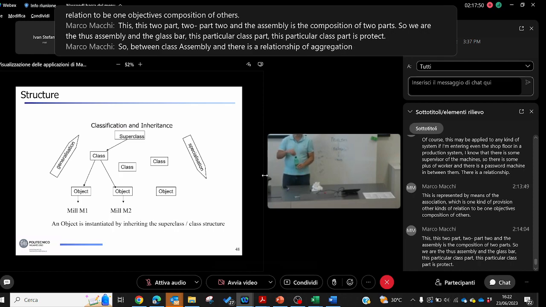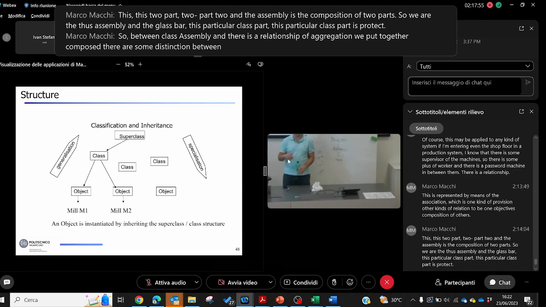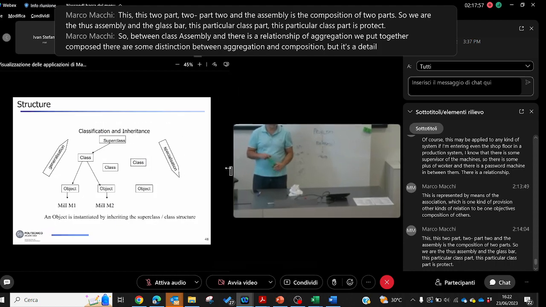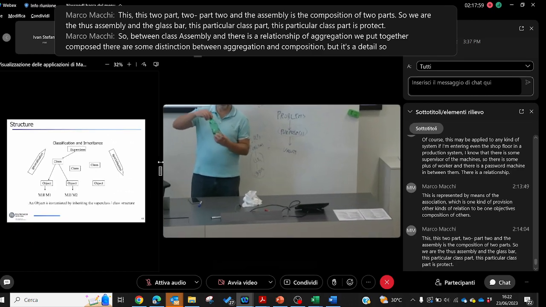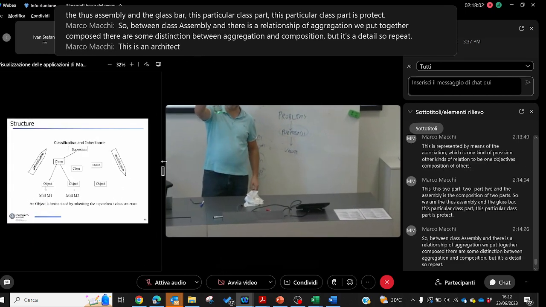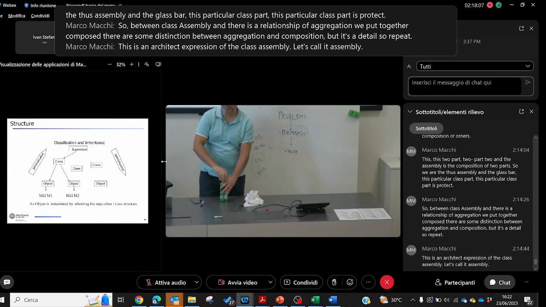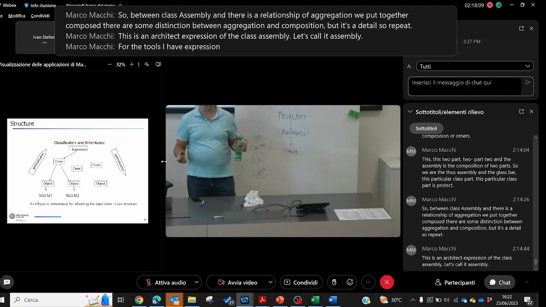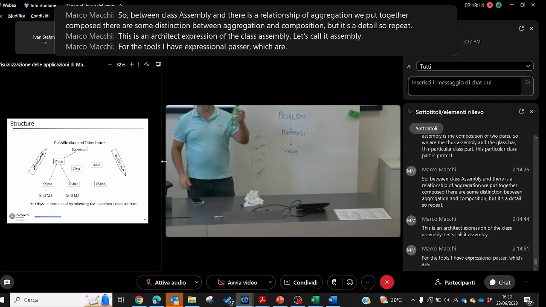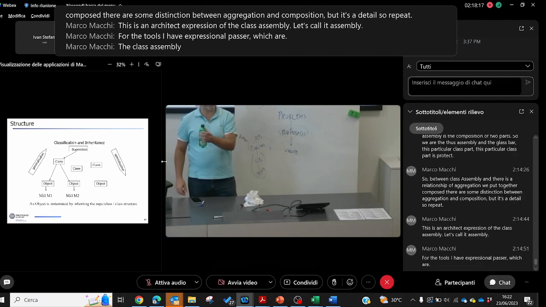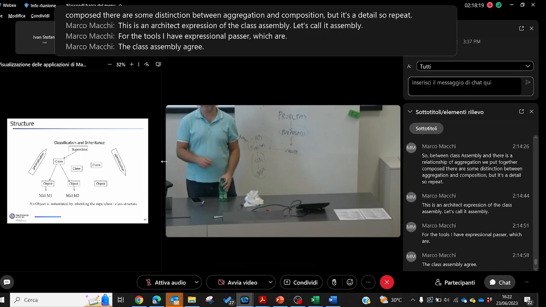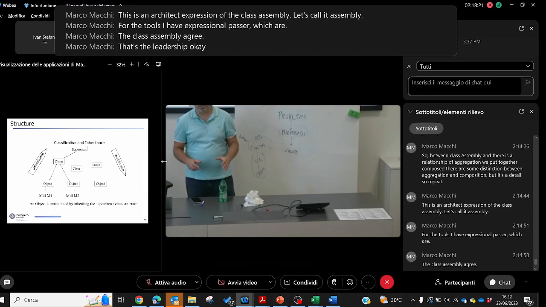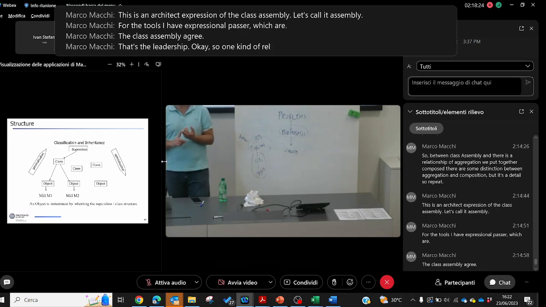We put together, compose. There are some distinctions between aggregation and composition, but it's a detail. So I repeat: this is an object, an expression of the class assembly, and both of these two are expressions of the class part. The class assembly aggregates the class part. That's the relationship. Okay? So one kind of relationship is also this one.